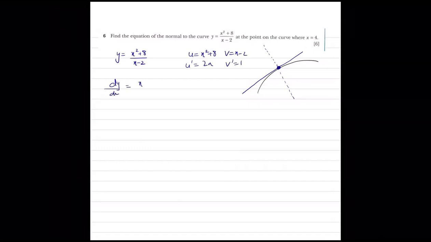It is vu prime minus uv prime over v squared. Don't need to simplify. We can just find the value of dy by dx at x equals 4. Plug in the value of 4 and get me the answer, please.